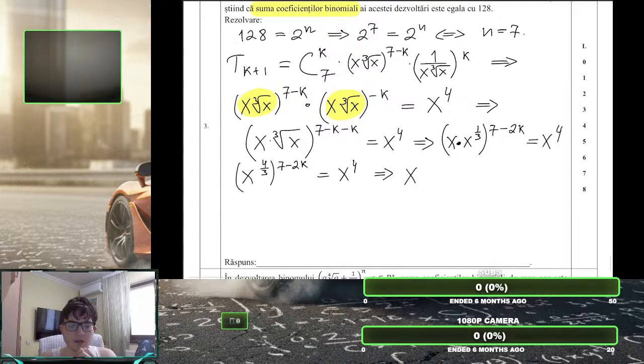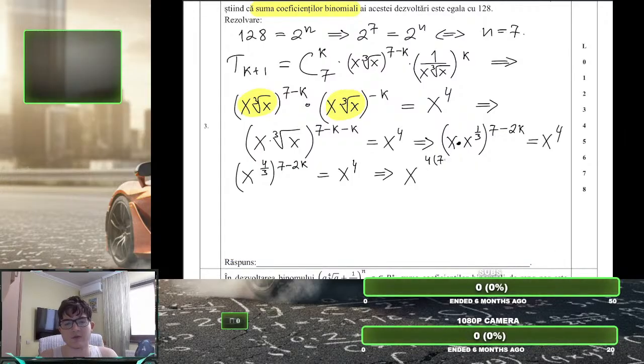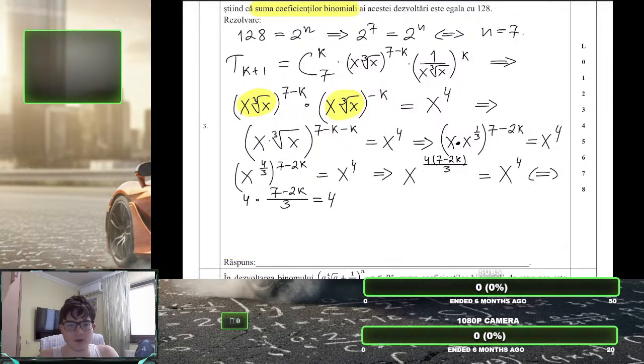So now, x to the power of 28 minus 8k divided by 3 equal to x to the power of 4. So now can finally equalize, right? Come on. Yes, there we go. Boom. Now, it is right there.